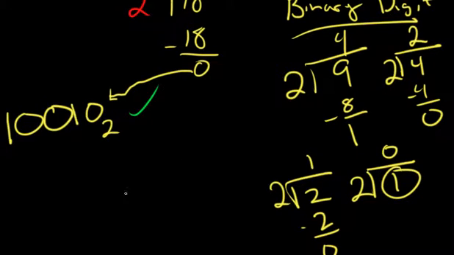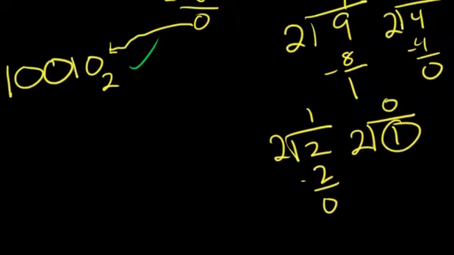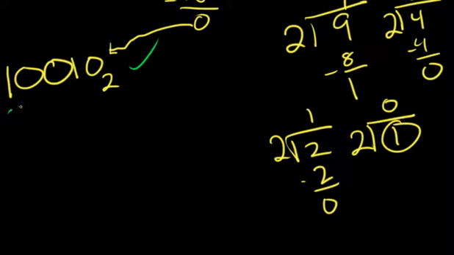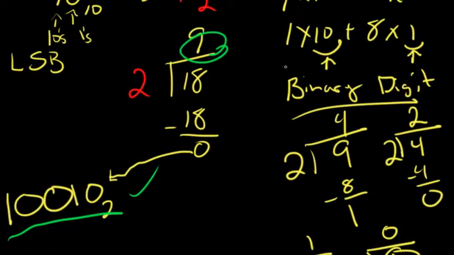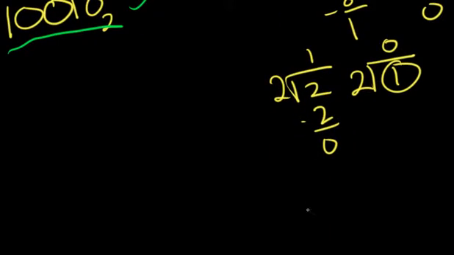And now a quick example of how to convert from binary back to decimal would be, it's just this process right here, right? So you know your base, which is base 10, and we want to convert this number to base 10. So we have 10010 in base 2.